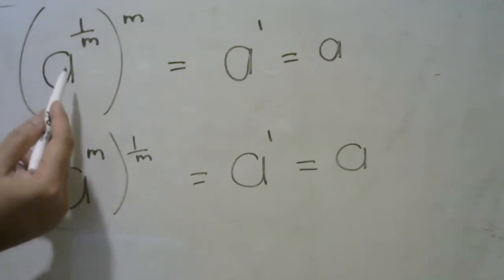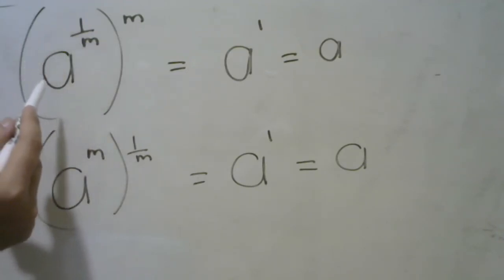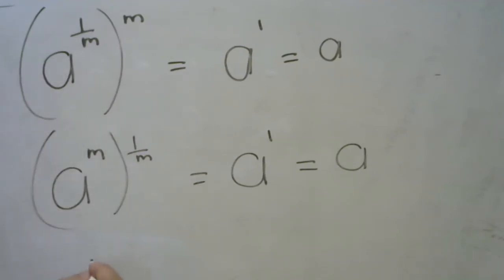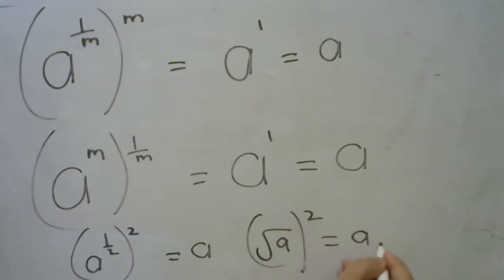In this case, if you have the square root of something, like let us say a to the half, right? Here, a to the half squared is equal to a. What is this really? It's saying the square root of a squared is equal to a.